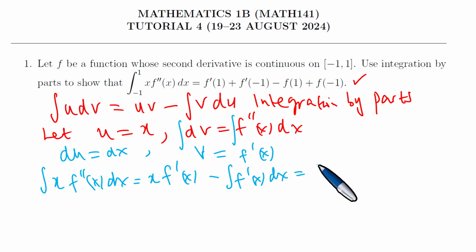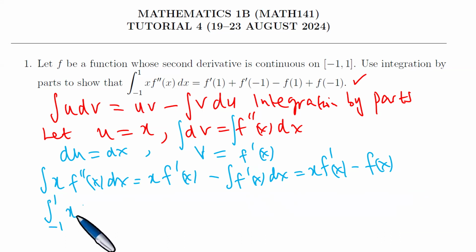At this point you're able to see this is x f primed minus, and now we integrate this one. The integral of f primed of x becomes exactly f of x. Now we can plug in the limits of integration from -1 to 1.